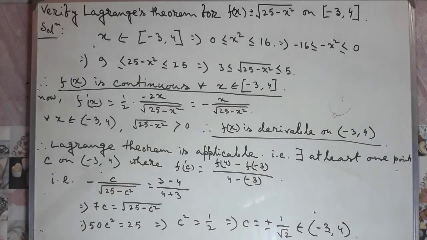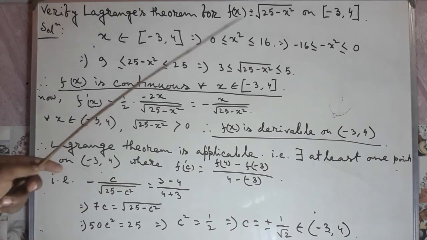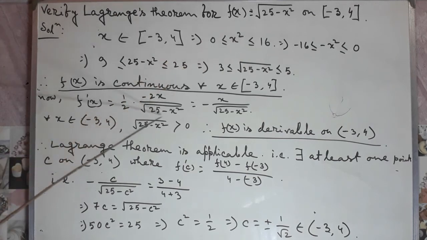Now the differentiation of root over of 25 minus x square, what is the differentiation? This one. Now this derivative does not exist if the denominator becomes equal to 0.